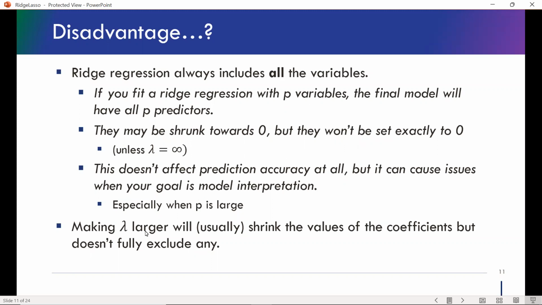Basically, making lambda large will shrink the value of the coefficients, but does not fully exclude any. Okay, so this is ridge regression. And we will talk about lasso and how it overcomes the problem that ridge regression has.